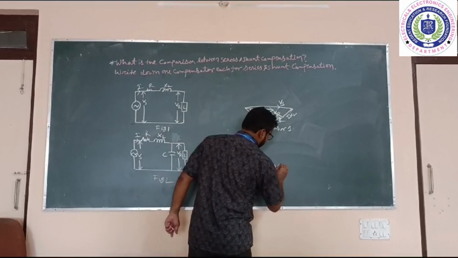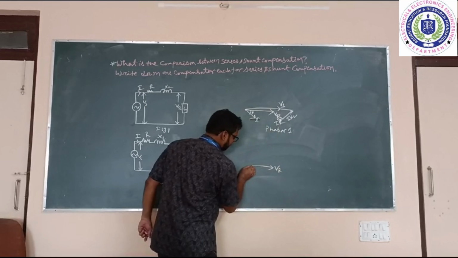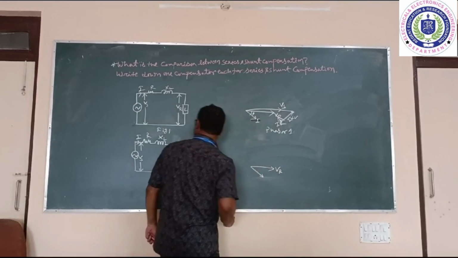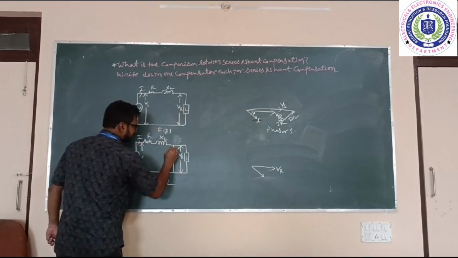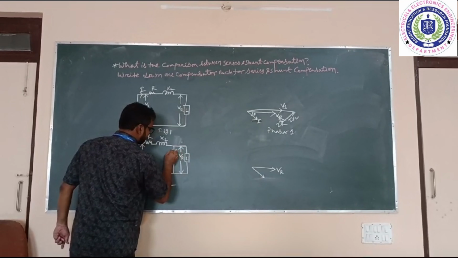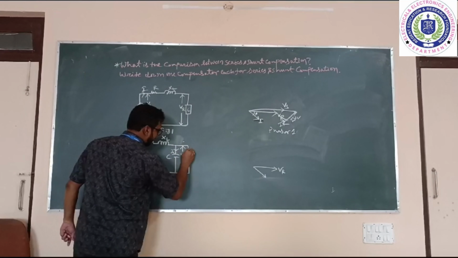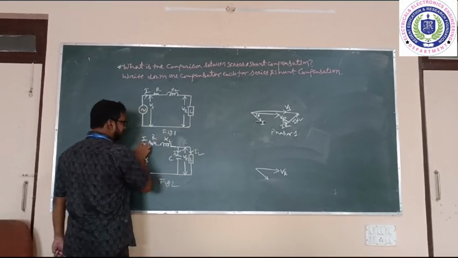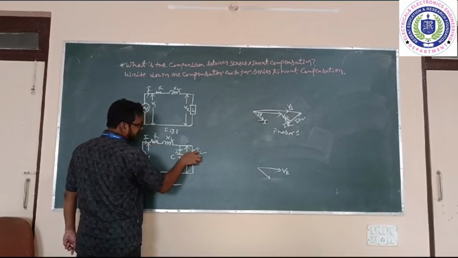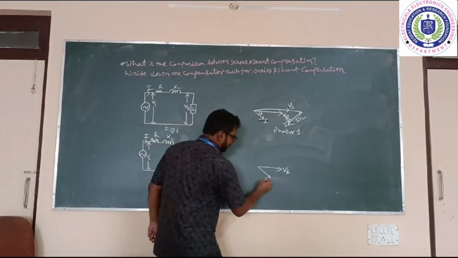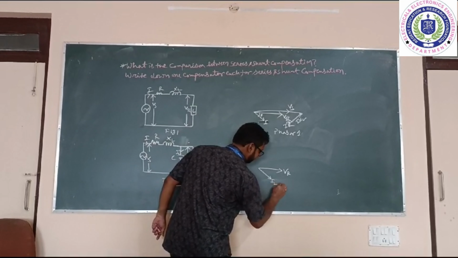Again, VR is your reference phasor. This is the line current I. This is the capacitor current and this is the load current. So the total current is I, which is divided into two parts, IC and IL. So say this is your load current.